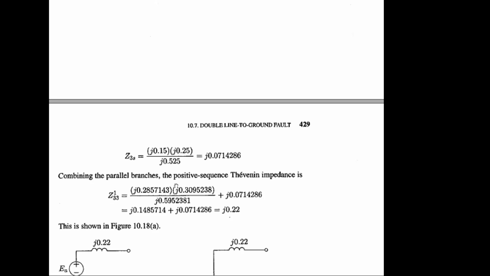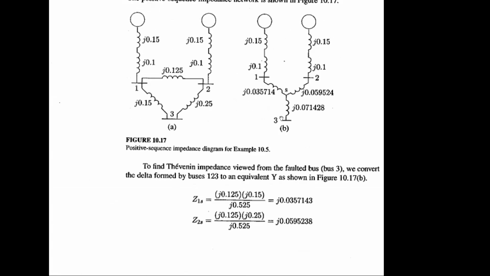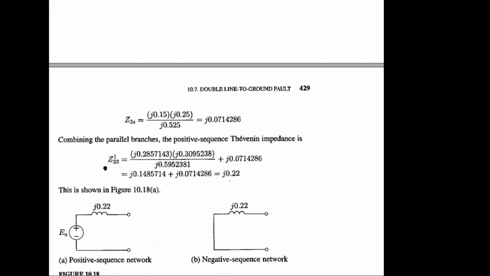This is bus 3, and for that you have to add these two. This part will be added and this part will be added, and they are parallel. These are in series with that parallel combination. This is the total Z331. These are added and these are parallel, and this parallel combination will be added to this part in series. So Z331 is now in our hand, which is 0.22.